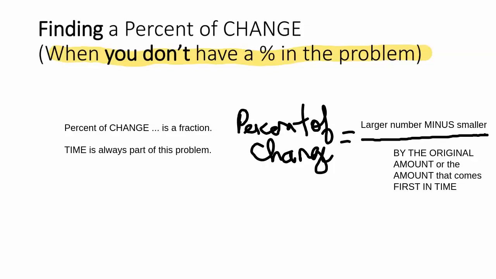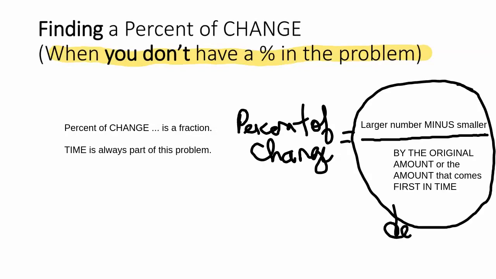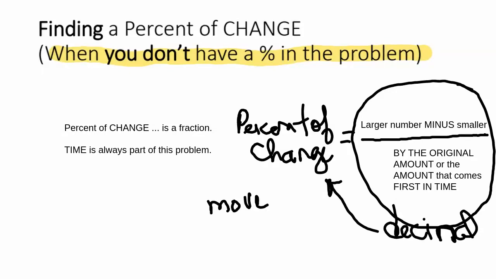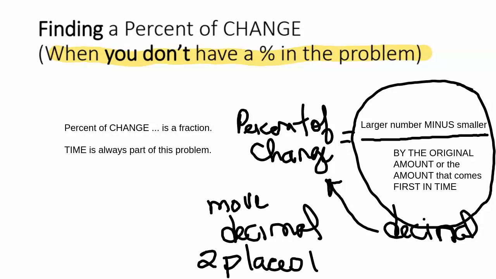Now, this part is going to give you a decimal. But remember, you have to make it a percent. Move decimal 2 places right.